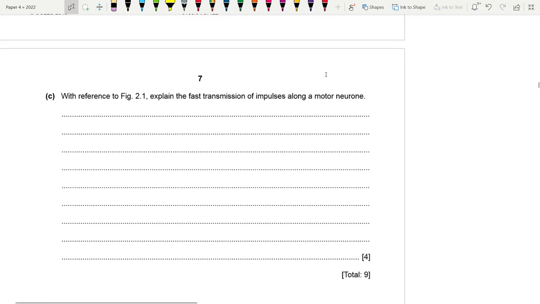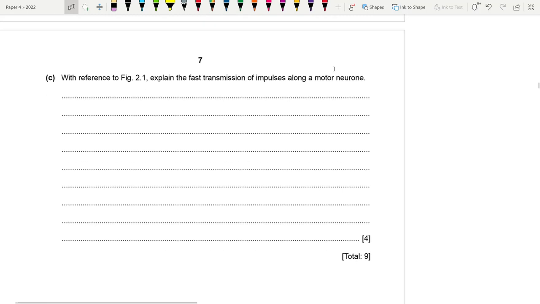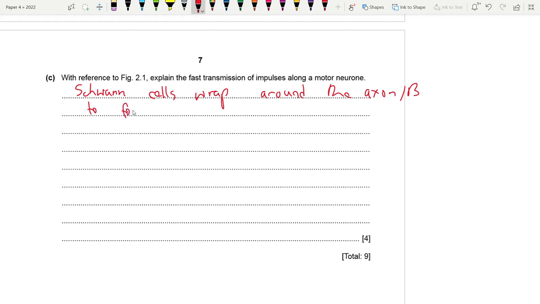Okay. With reference to figure 2.1, explain the fast transmission of impulses along motor neuron. They're basically talking about saltatory conduction. So let's describe this. This is transmission in a myelinated neuron, which increases speed. So Schwann cells wrap around the axon, or you could just go for B since it's on the diagram, to form the myelin sheath, or you could just say that the axon becomes myelinated.